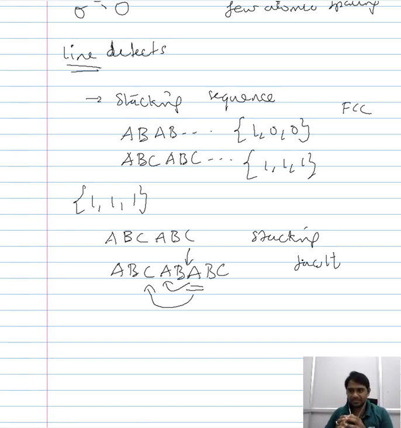Now if you consider, say for instance, an FCC crystal structure, and you are stacking the atoms along the family of 111 planes, one over the other, the stacking sequence should be ABC, ABC and so on, meaning the fourth layer of atoms should be equivalent to the first layer, the fifth should be equivalent to the second, and the sixth should be equivalent to the third.